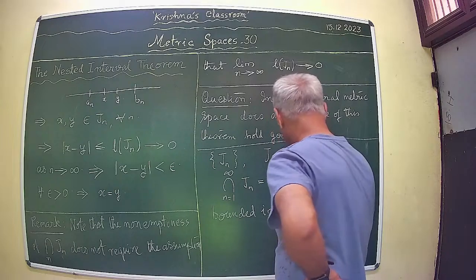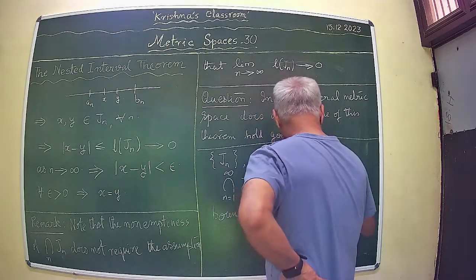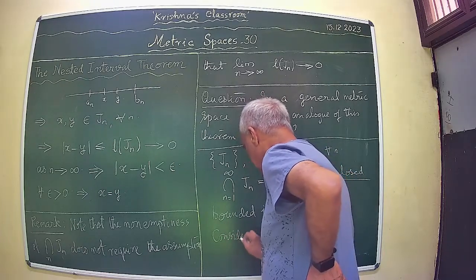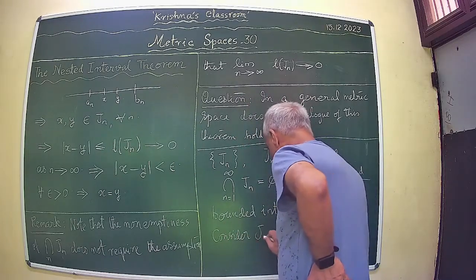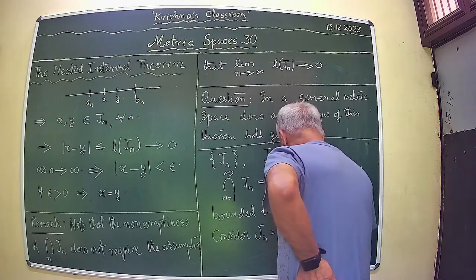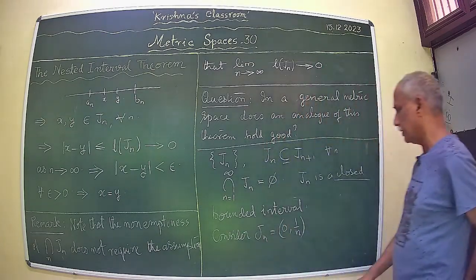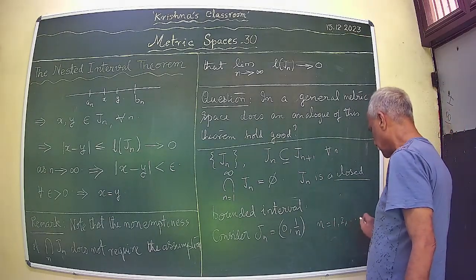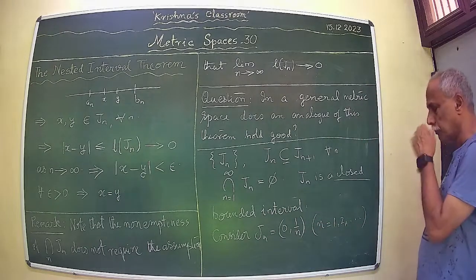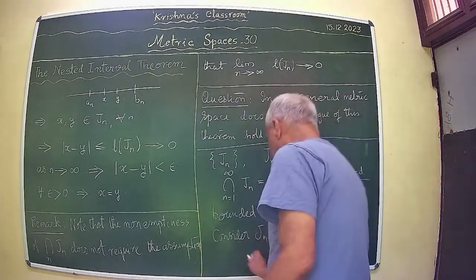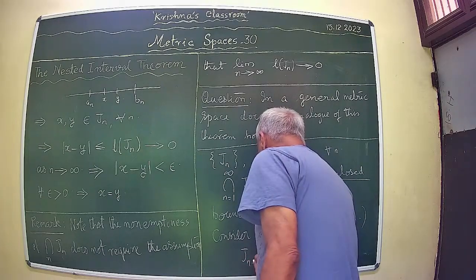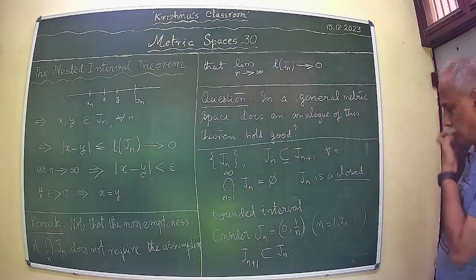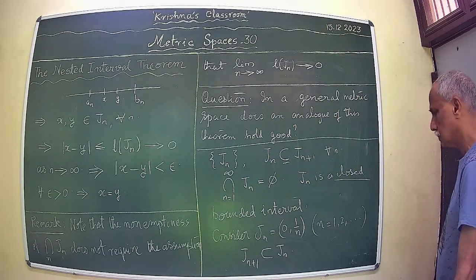Okay, let us consider Jn as the open interval from zero to 1 by n, etc. Now you see that Jn plus 1 is an open interval contained in Jn. So Jn is open.